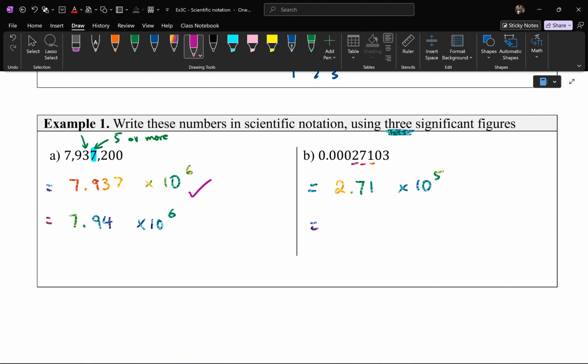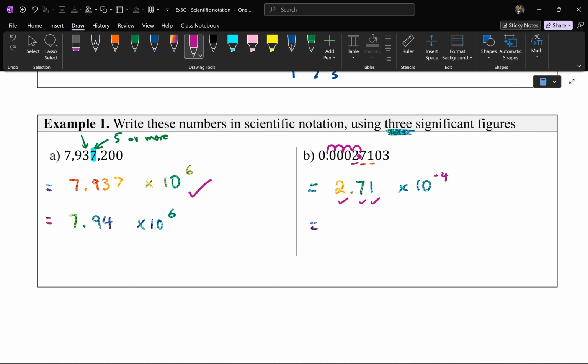Negative 5, very good. So this is correct. That's 3 significant figures. 10 to the power of 5, there are 5 jumps. But if you times it, it would have been this way, and it would have been a larger number. So we need to go backwards. 2.7 is over here. You actually need to go backwards. How many times? That's 1, 2, 3, 4 jumps actually. So it's not 5.